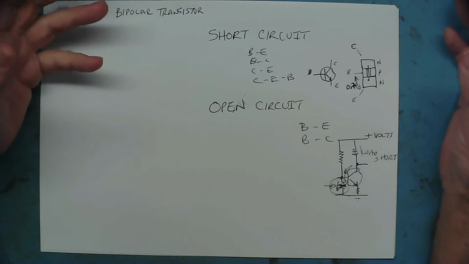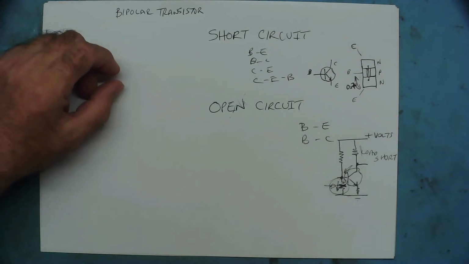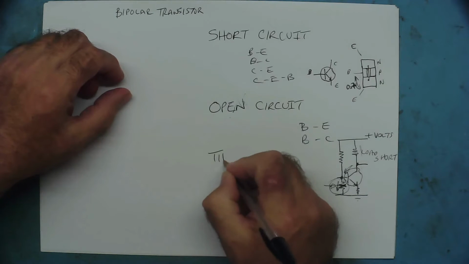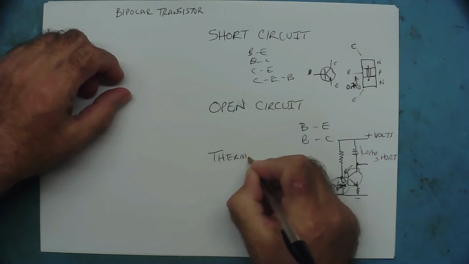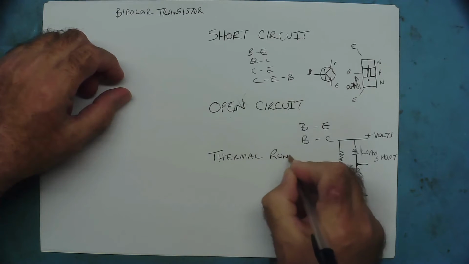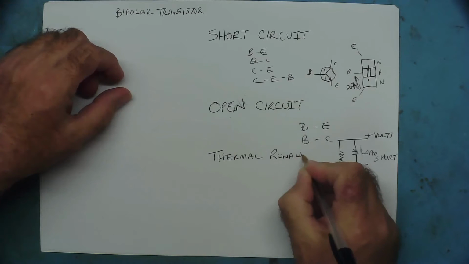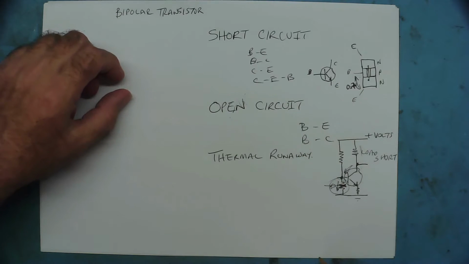There's other ways that transistors can fail though. One is called thermal runaway. This is not a way of failing as much as a method of failure.